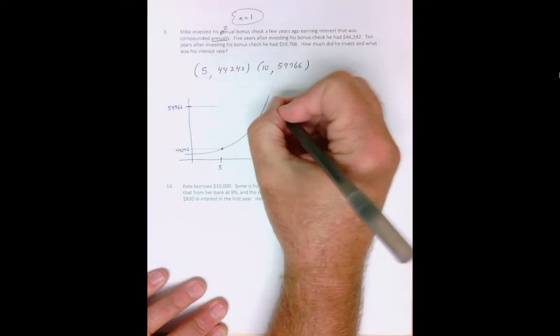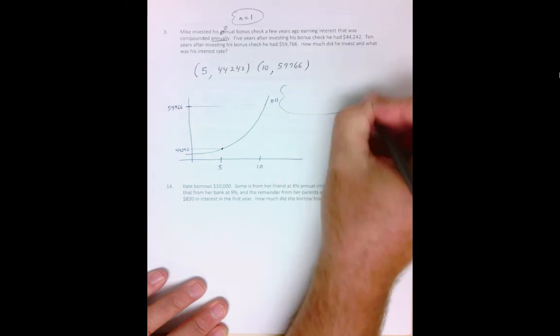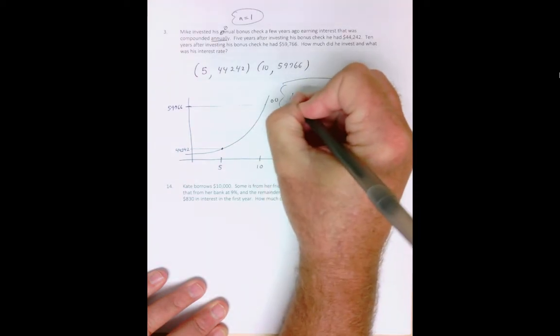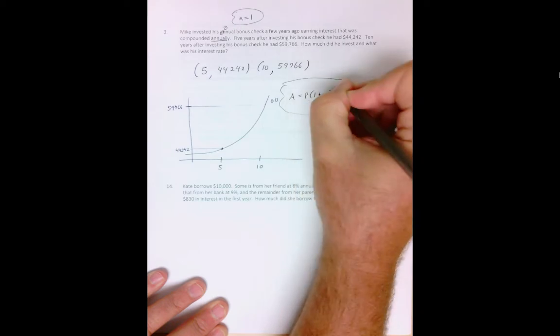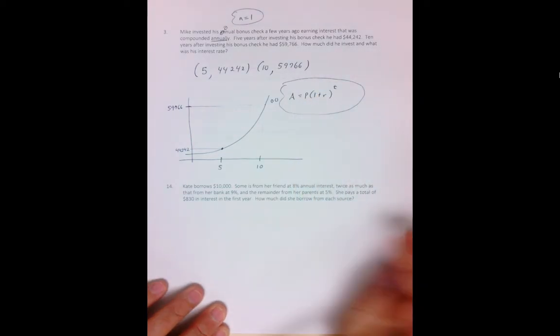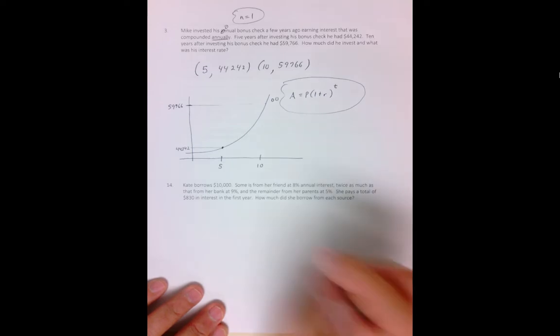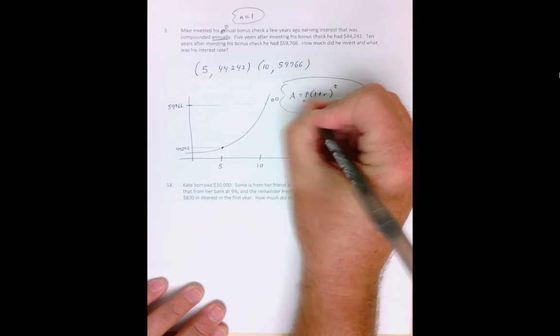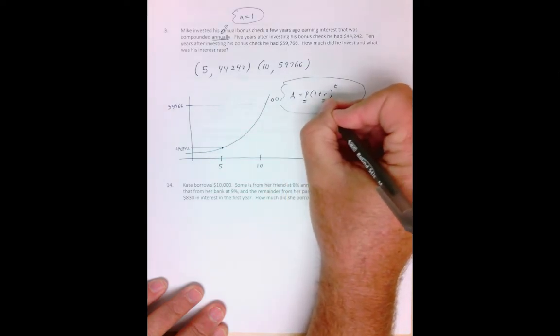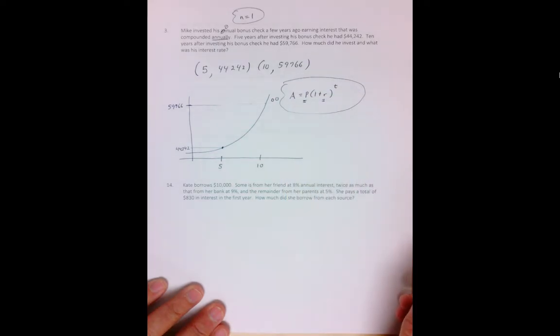Now, in the context of this, the model is going to follow our A equals P times (1 plus R) raised to the T power, because again, N is equal to 1. So we're going to have two variables here: our principal and our rate that we're going to solve for.